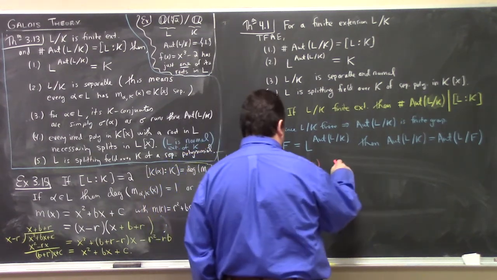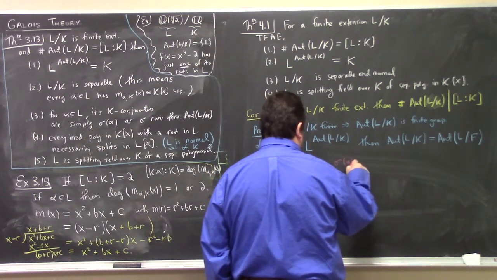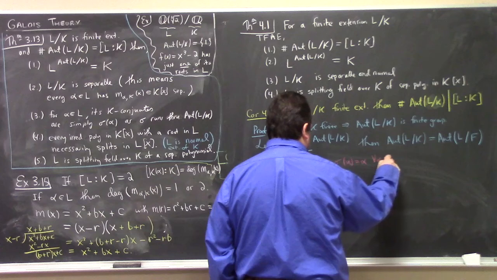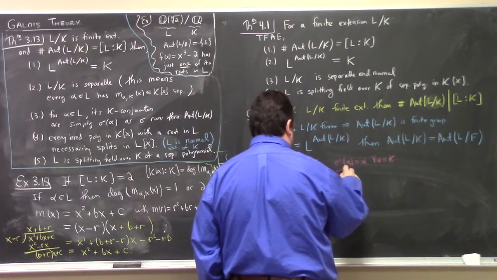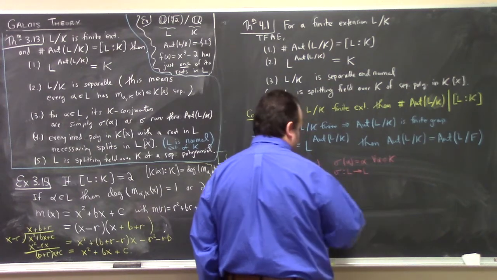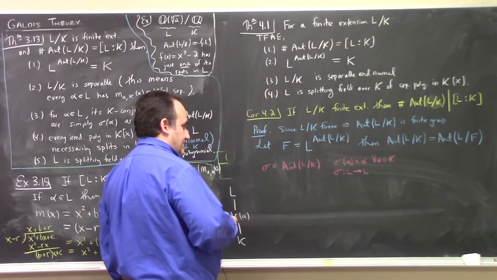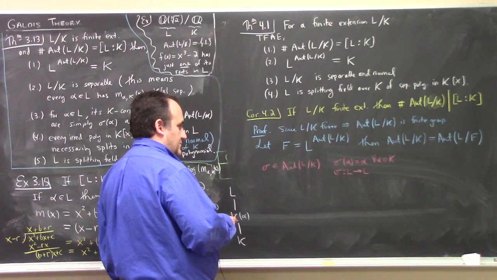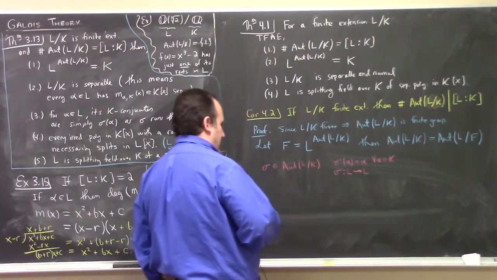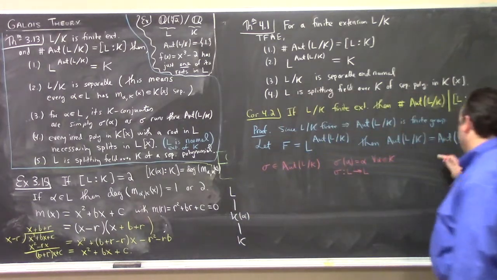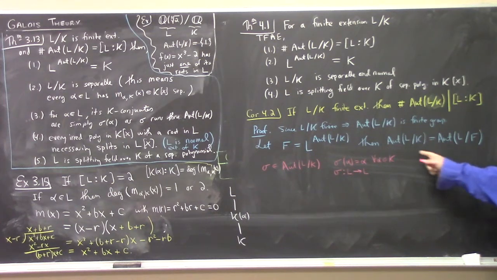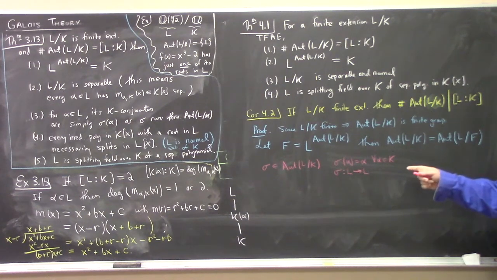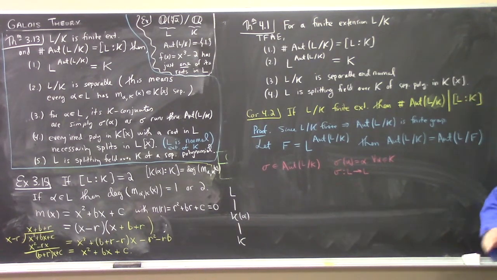That means that sigma of alpha is equal to alpha for all alpha in k, and sigma is an automorphism from L to L. I need to show that sigma satisfies the criteria for being in Aut L over F. Sigma is an isomorphism from L to L. It has to fix F, right?